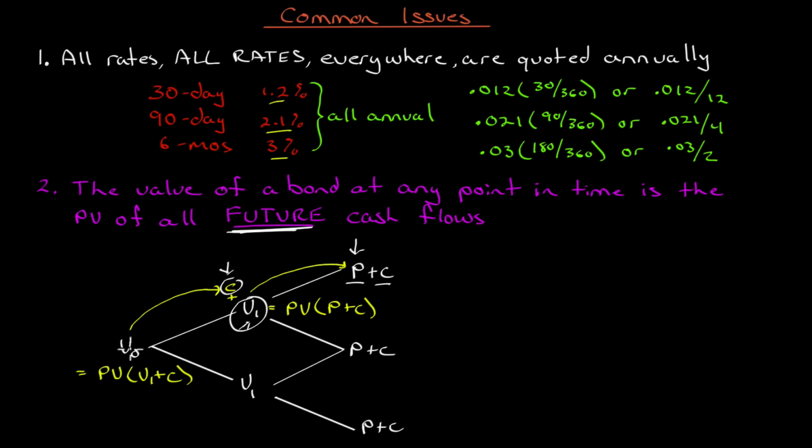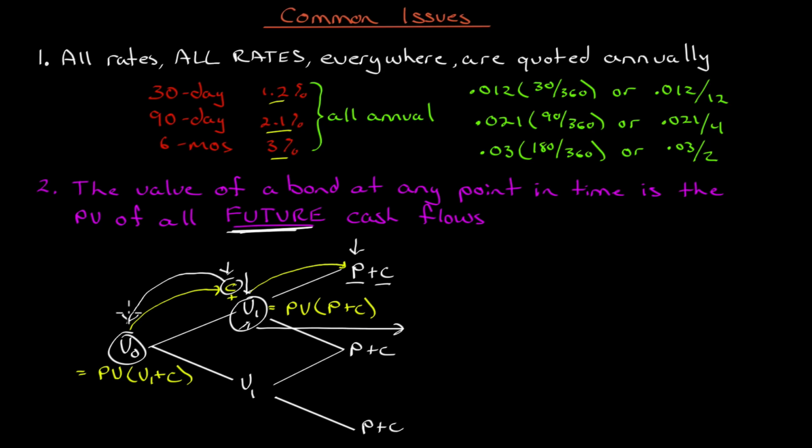This coupon here is the future cash flow of the value of this particular bond, or the bond's value at this particular node. So this coupon does not get added to the value of this bond. If we're asked for the value of the bond, a value is the present value of all future cash flows. This coupon belongs to the previous period of time, so you would not add that on.